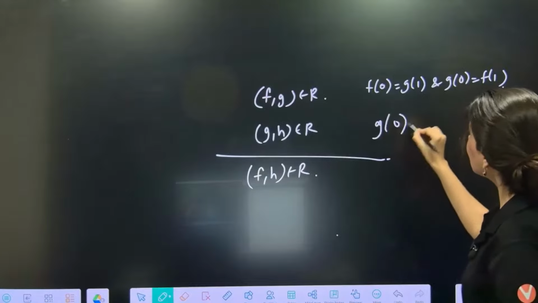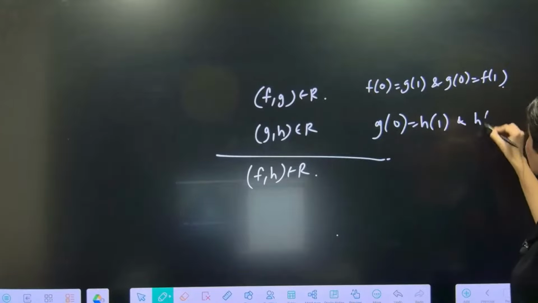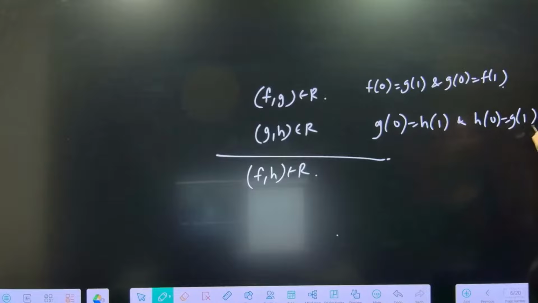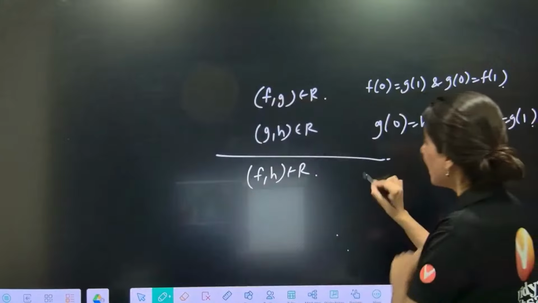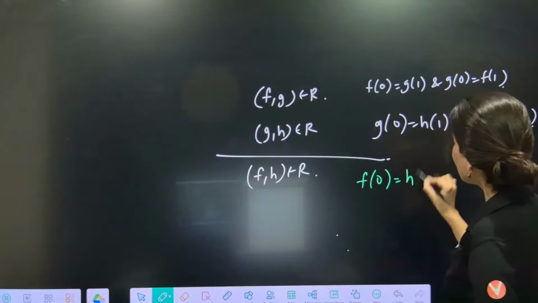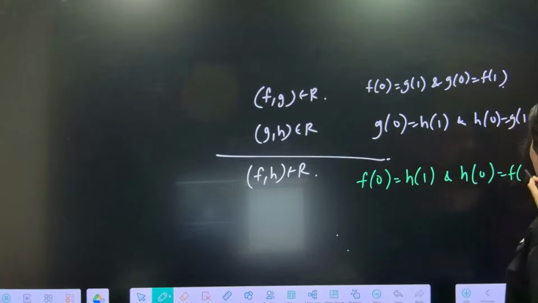So g of 0 is equal to h of 1, and h of 0 is equal to g of 1. Now if f comma h belongs to R, that means f of 0 is equal to h of 1 and h of 0 is equal to f of 1, right?